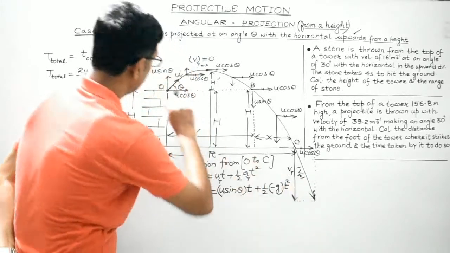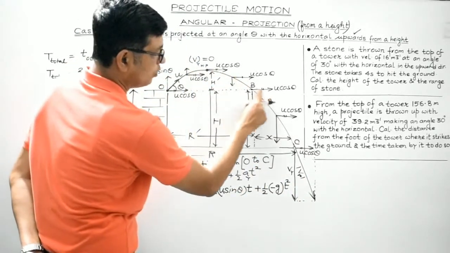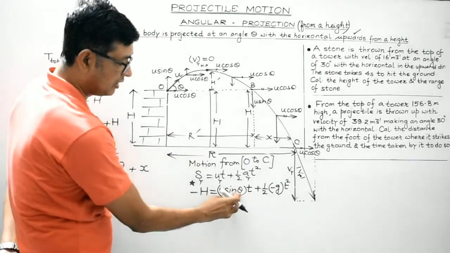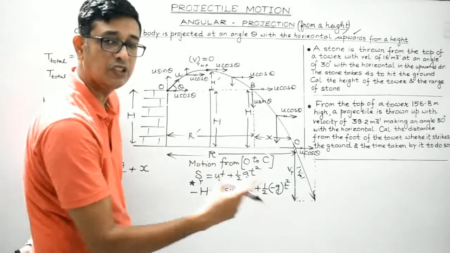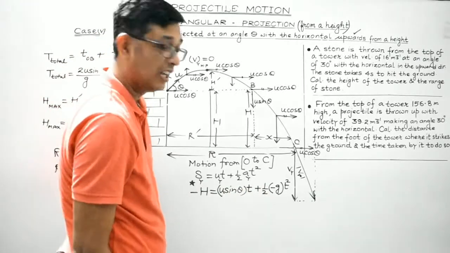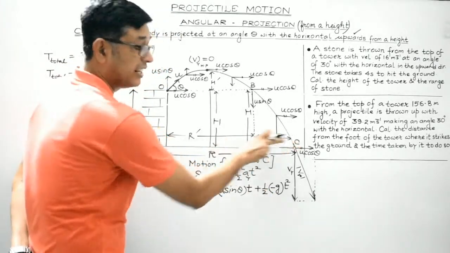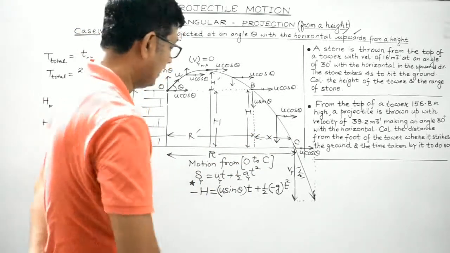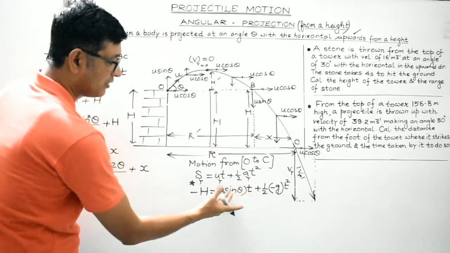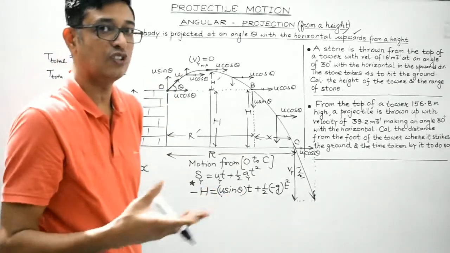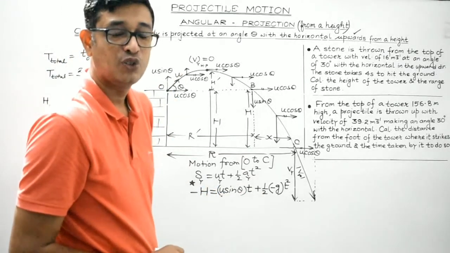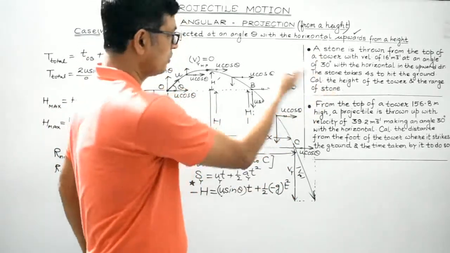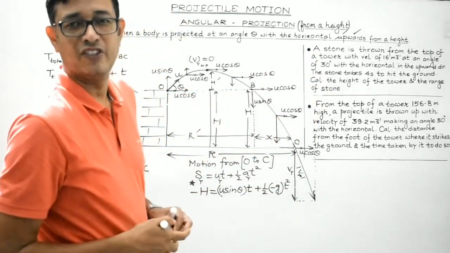So in case h is given, theta is given, u is given, t can be easily found, isn't it? And when t is obtained, then the net range can also be easily determined, right? And in case time is given, theta is given, u is given, then the height of the tower can be easily determined. So students, let's attempt these two questions which are based on case 5 only, right?